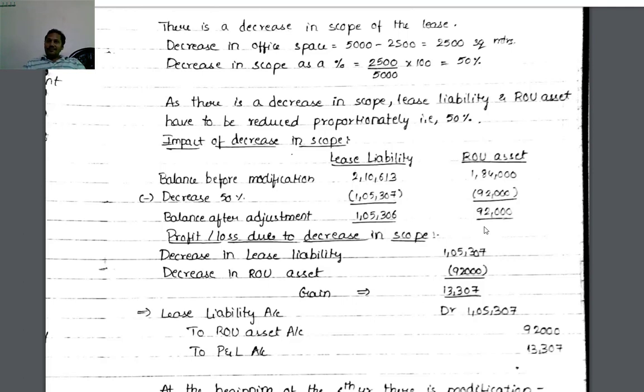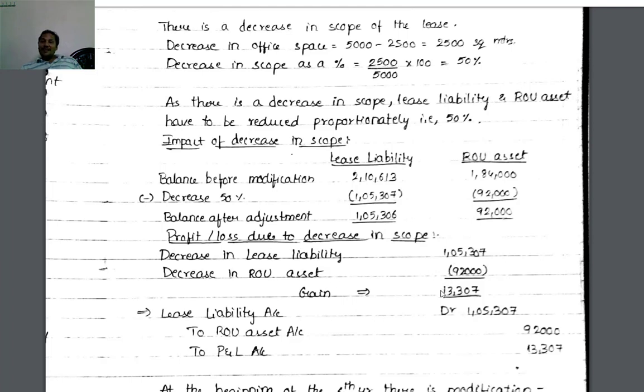Now, there is a decrease in liability of 1,05,307 and a decrease in asset of 92,000 only. What is the net impact we have to analyze? Net impact due to decrease in scope. Decrease in lease liability is 1,05,307. Decrease in right of use asset 92,000.